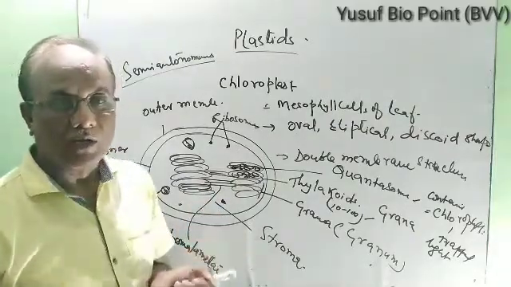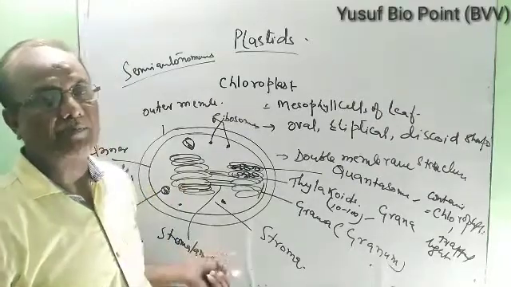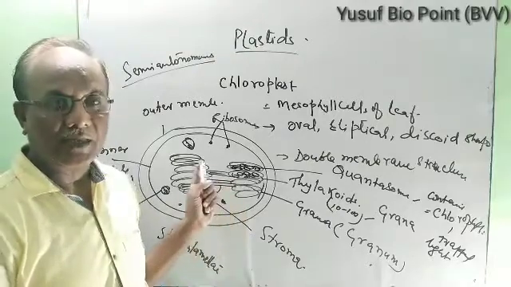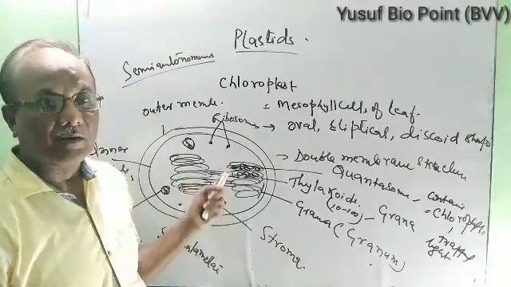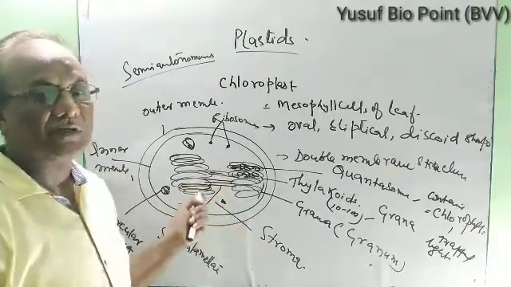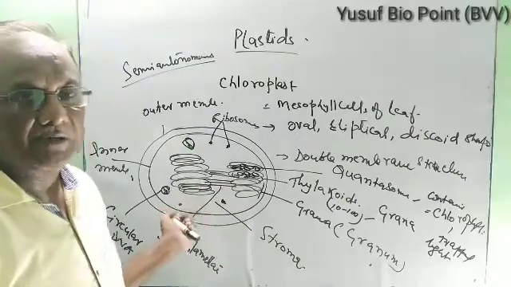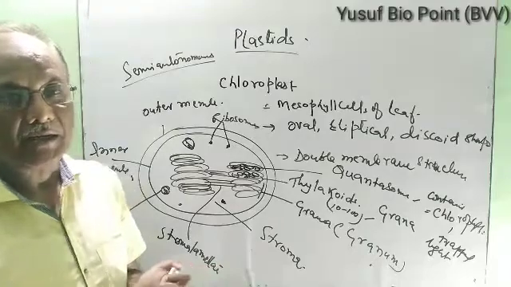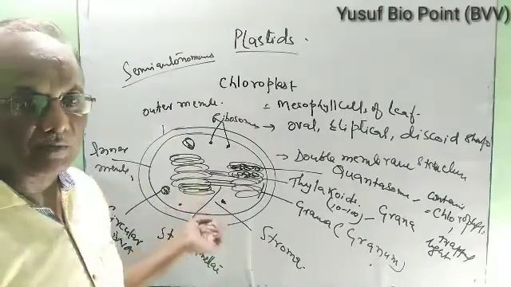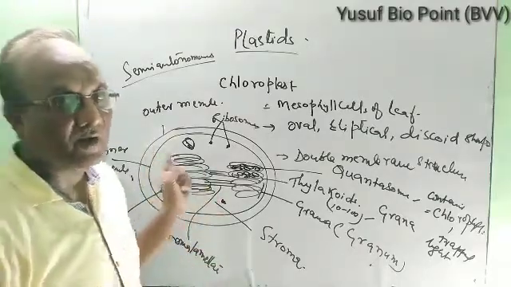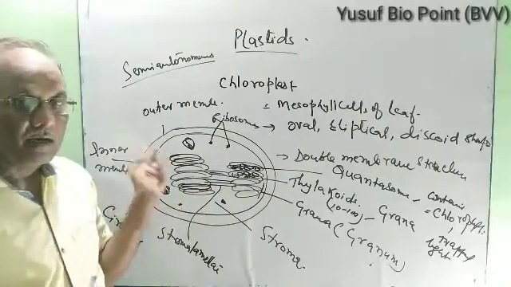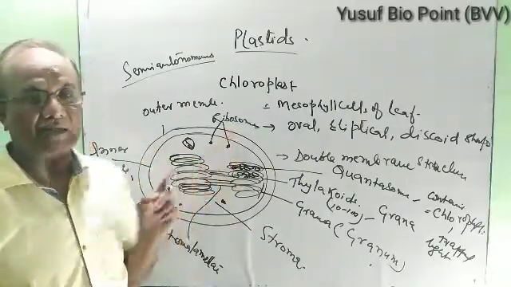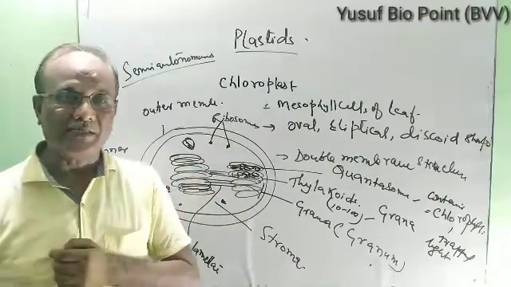So photosynthesis takes place in the plastids, and that's why it is known as the kitchen of the plant. Due to the presence of genetic material and ribosomes, it is semi-autonomous, and the ribosome found in the chloroplast is of 70S type, while in the cytoplasm it is of 80S type.